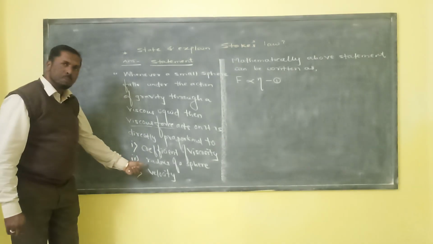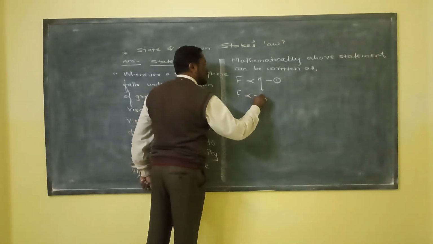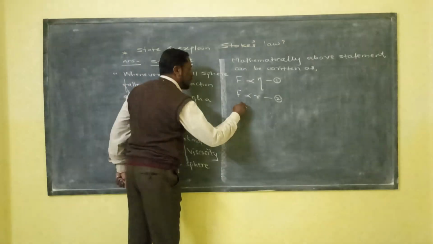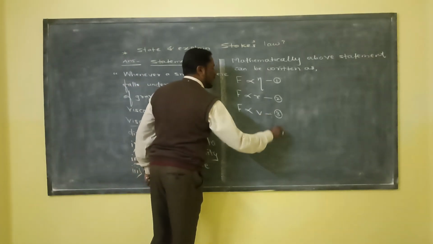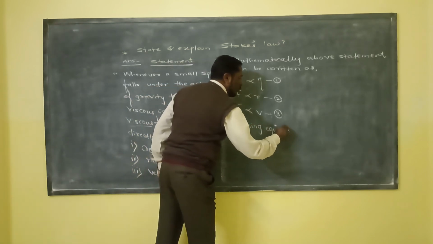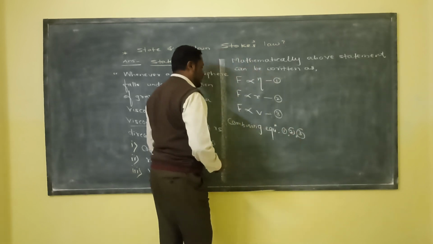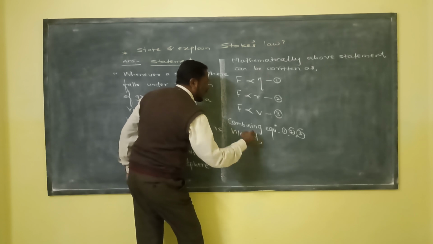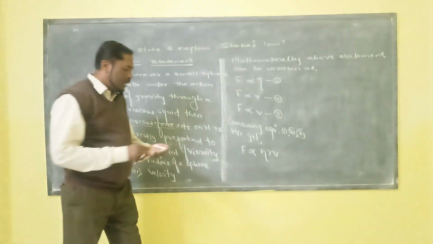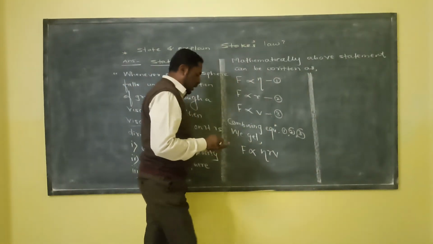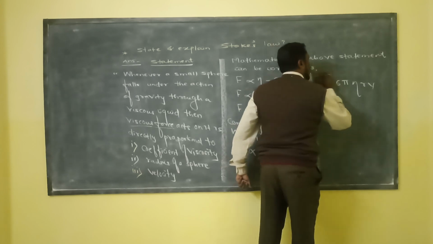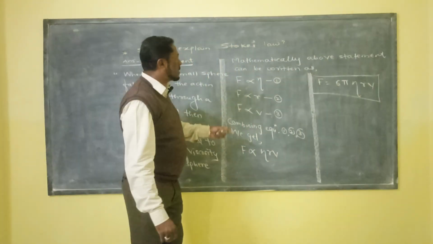Again, the viscous force is directly proportional to the radius, so F is proportional to R, equation 2. Again, F is proportional to velocity V, equation 3. Combining equations 1, 2, 3, we get F is directly proportional to eta RV, or F is equal to 6 pi eta RV, where 6 pi is the constant factor put forth by the scientist Stokes.